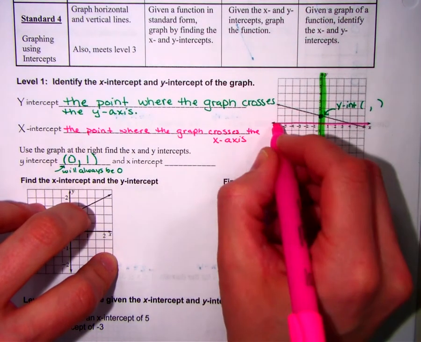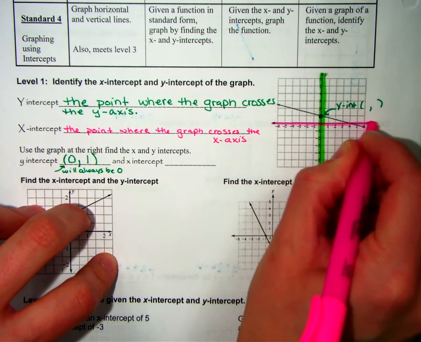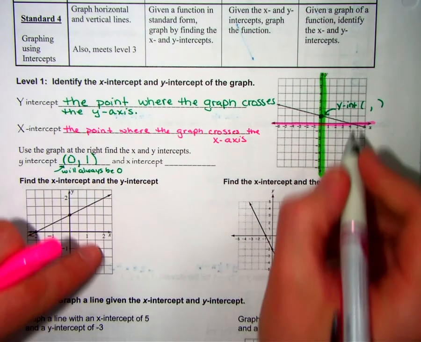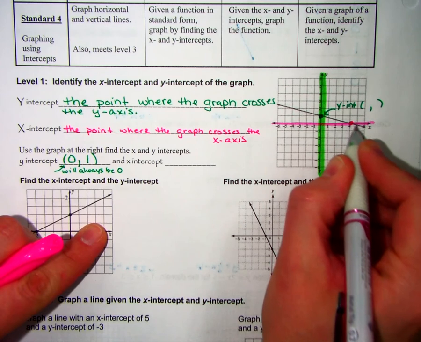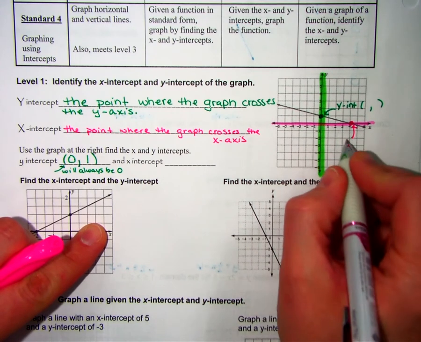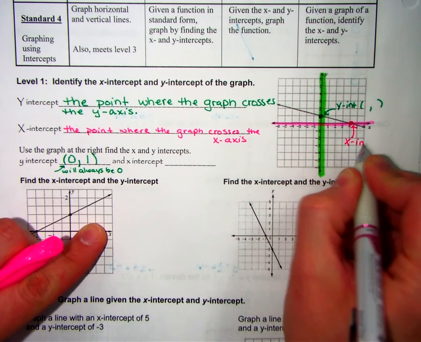Which I'll highlight here. So this dot right there, that is your x-intercept.